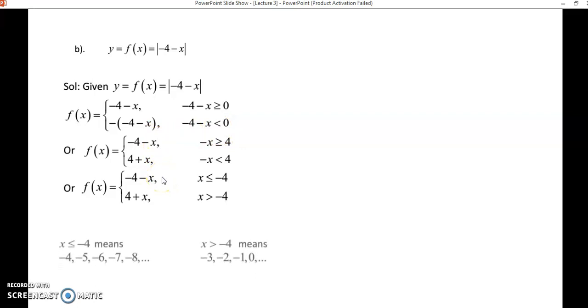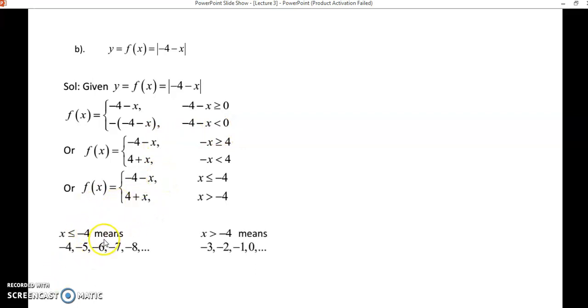So let me write the values of x in tabular form. So the values of x less than or equal to -4 are -4, -5, -6 till so on. And the values of x greater than -4 are -3, -2, -1, 0 till so on. So we'll be choosing few points from this interval and few points from this interval.